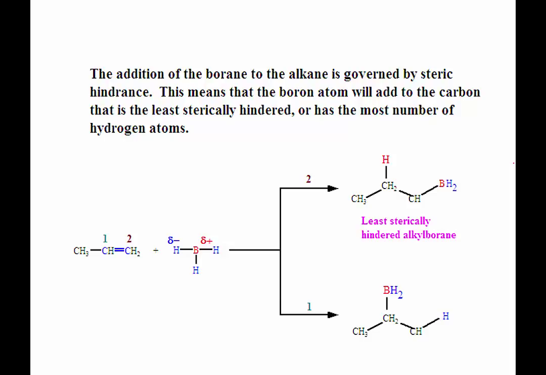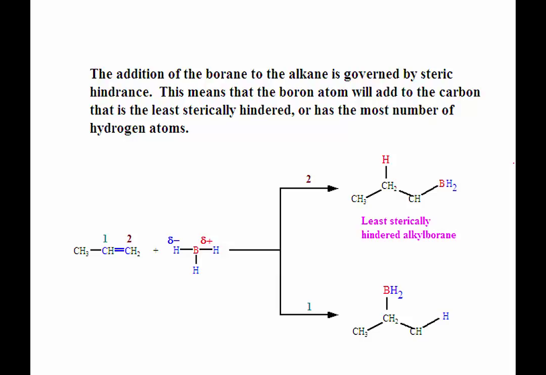So if I'm adding the boron, which one am I going to add to? I'm going to add to the one that says in pink, least sterically hindered alkyl borane. So if I add to the primary carbon, then I end up with something that's less sterically hindered than adding to the secondary carbon. So this mechanism turns out to be based on sterics.